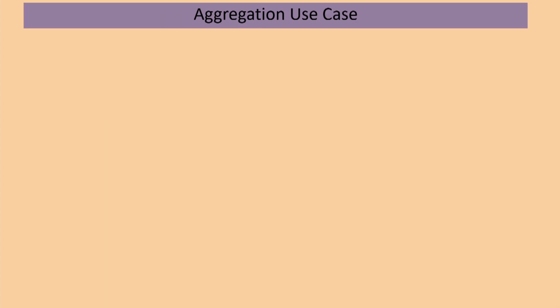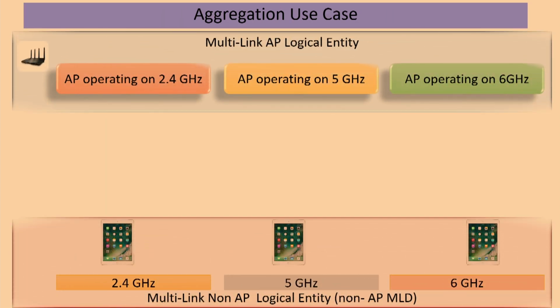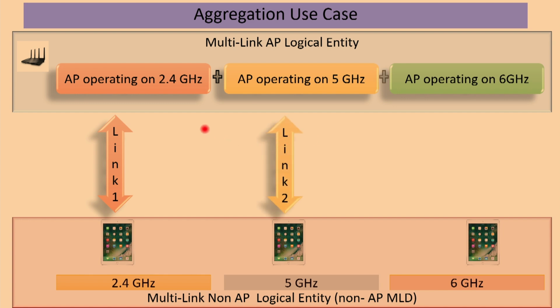It might also be used for aggregation use cases, where an AP and a client might aggregate multiple links. These are just examples where I'm showing 2.4, 5, and 6. There could be multiple links operational on 6, multiple links operational on 5. Hopefully, there will not be multiple links operational on 2.4.